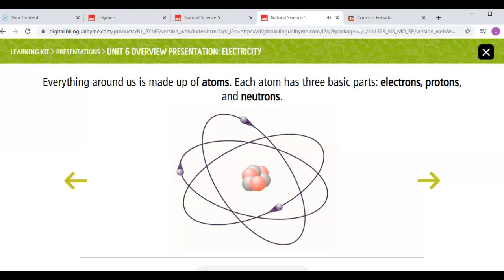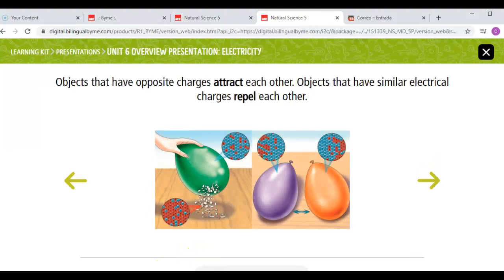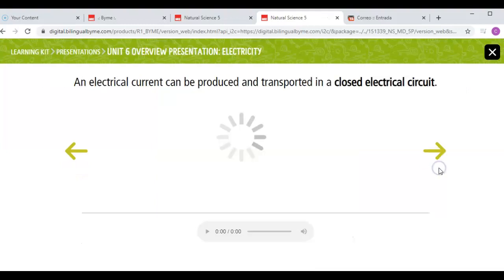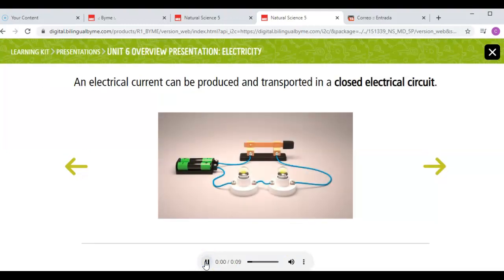Everything around us is objects that have opposite charges. Static electricity an electrical current.